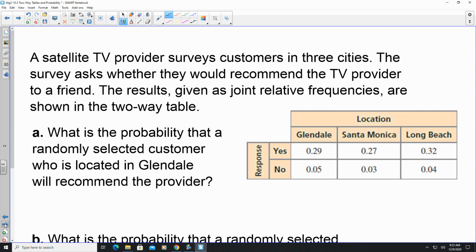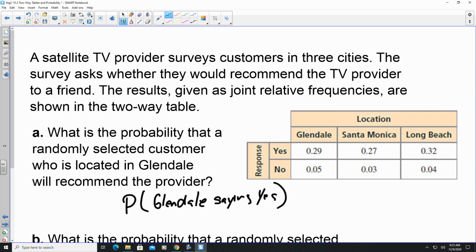So they're joint relative frequencies, with respect to the total. Here it says, what is the probability that a randomly selected customer located in Glendale will recommend the provider? So they want to know the probability of somebody in Glendale saying yes.